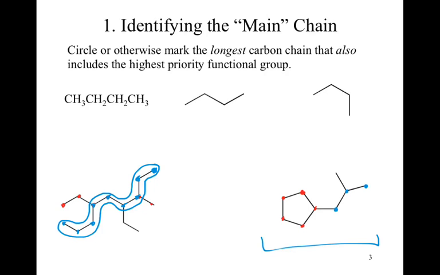So now I would go back to that ring rule that we had and decide which part had the most carbons. In this case, my ring has the most carbons. That is now my main chain for that structure. It's not the exterior carbons. So we've now identified our longest chain.